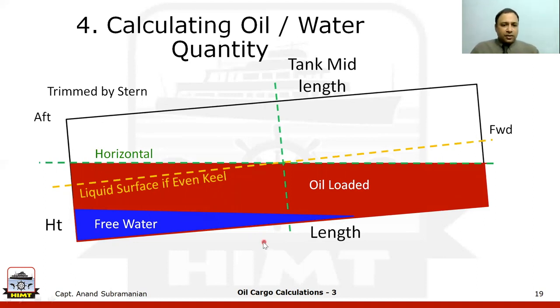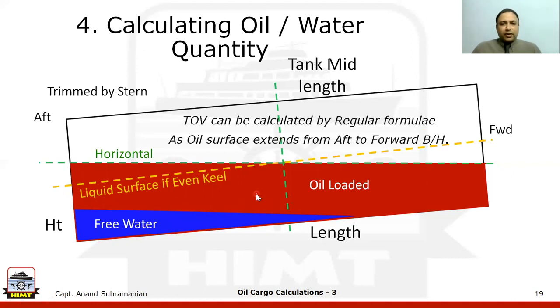If it happens to be a free water condition, like in this particular case, we can subtract the volume of the free water from the total observed volume, and we can easily find out what is the actual amount of oil loaded. And the total observed volume, as we discussed earlier, can be calculated by the normal formula. The trim correction formulas can be applied because the oil surface is touching both the aft and the forward bulkhead.